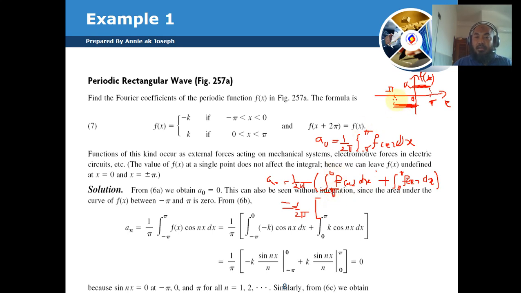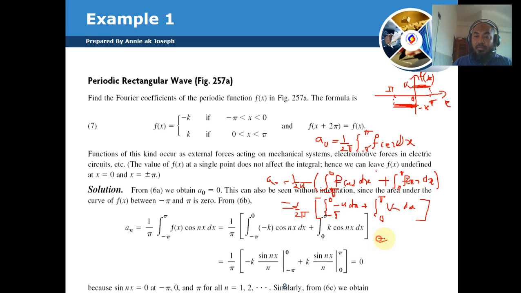From minus pi to 0, f(x) is minus k, right? So we become minus k dx, plus from 0 to pi, where f(x) is equal to k, so this becomes k dx.